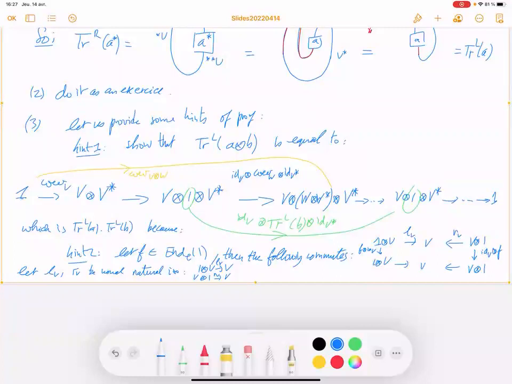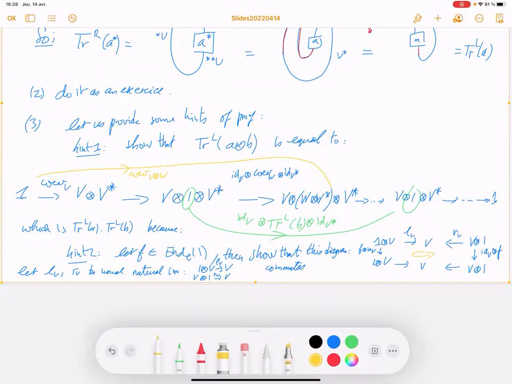So you should show that this diagram commutes. By showing that this diagram commutes, in fact, what do you see?